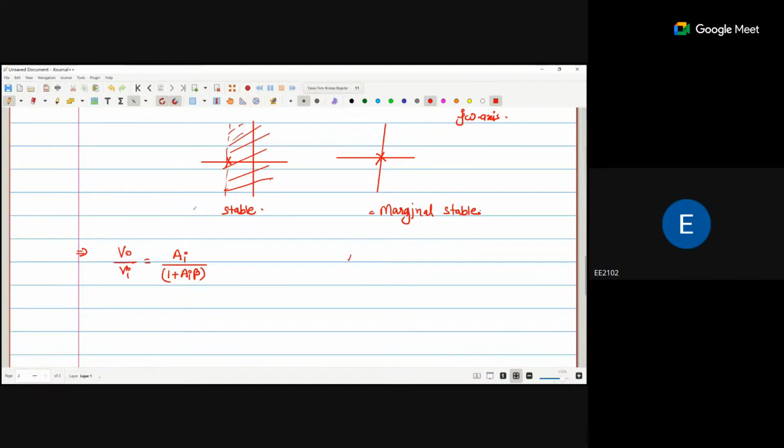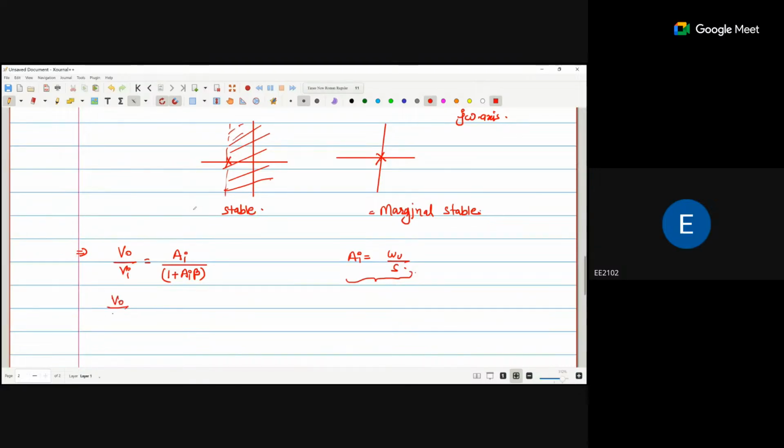Now what is Ai? That is omega u by s, because the system is now a non-ideal system. The operational amplifier is not an ideal op-amp, so it will be dependent on some frequency component. So Ai is nothing but omega u by s.